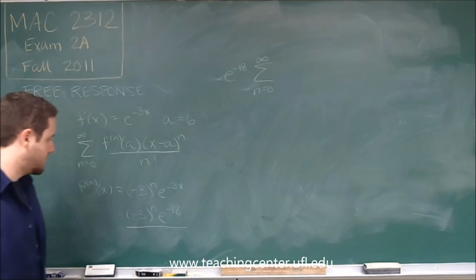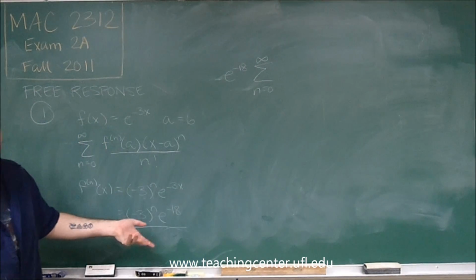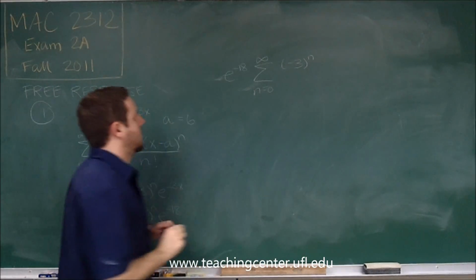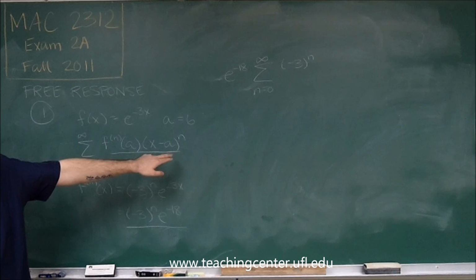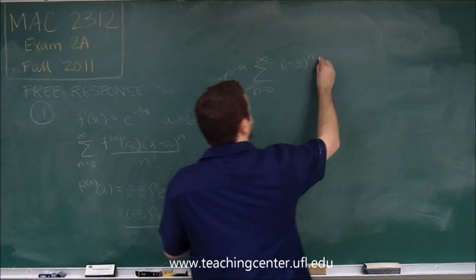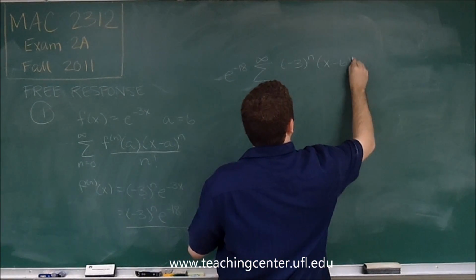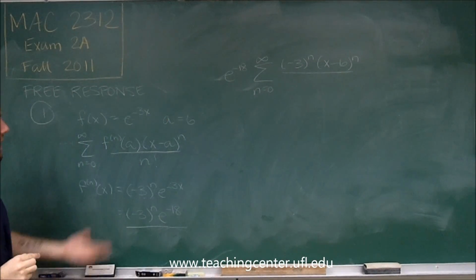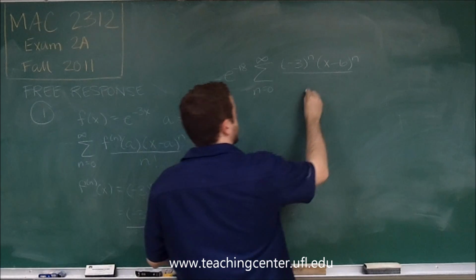We can pull that out, and this just becomes negative 3 to the n. Now also we have x minus a to the n, and our a is 6, so that just becomes x minus 6 to the n. And on the bottom we just have n factorial, which doesn't change anything either.